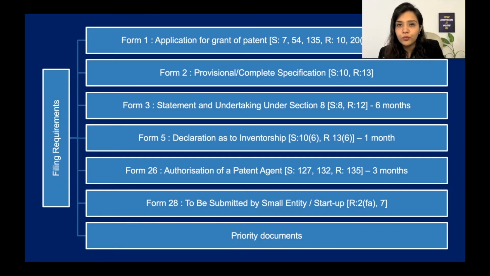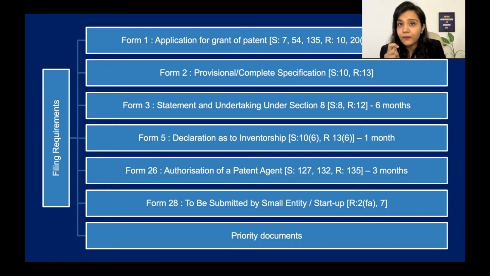Why is it called proof of right? Because in form 1, we establish authority of filing the patent. That means how do I have an authority to file a patent? How do I have a right to file a patent? That's why it's called proof of right. And generally, people answer this as form 5, but form 5 is the wrong answer. Right answer is form 1.